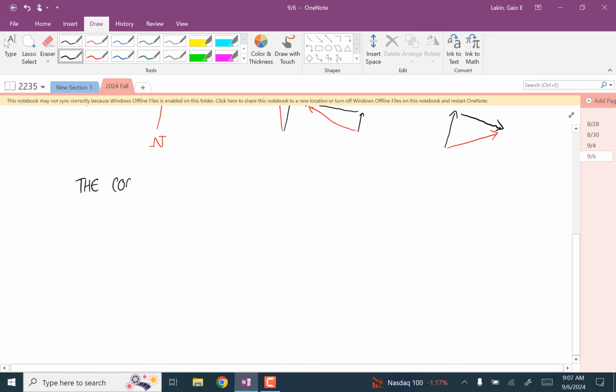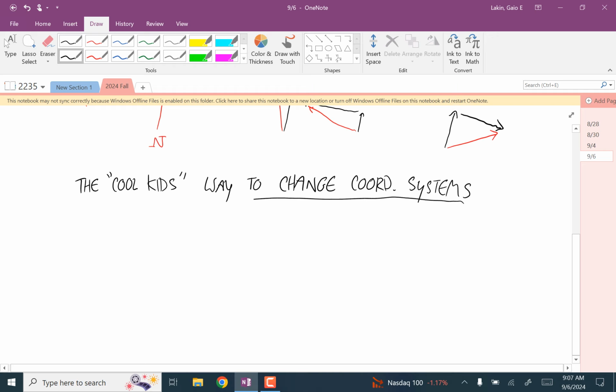So this is the cool kids way to change coordinate systems. In physics 1, when you did block sliding down inclines and stuff, you always chose a coordinate system with the y-axis perpendicular to the surface and the x-axis parallel to the surface, right?